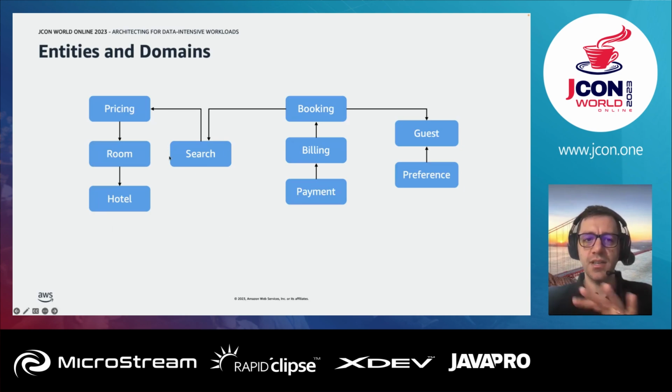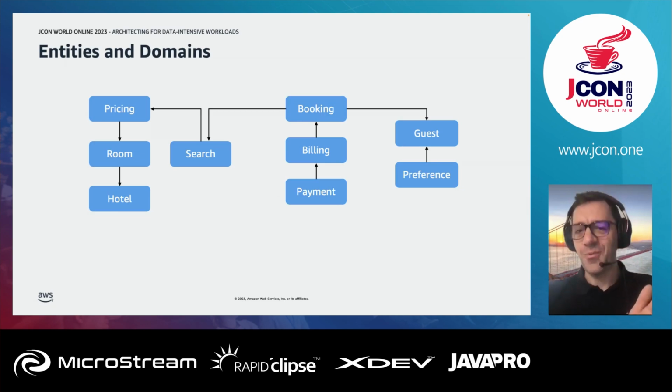And then we do a search on top of that. And that search is used afterwards by the booking, billing and payment entities, right? So we may have a booking for a specific period, and you make a billing invoice for that, and there's a payment for that. Maybe you get some preference and recommendation afterwards. This is pretty simple. So iteration number 1, right?